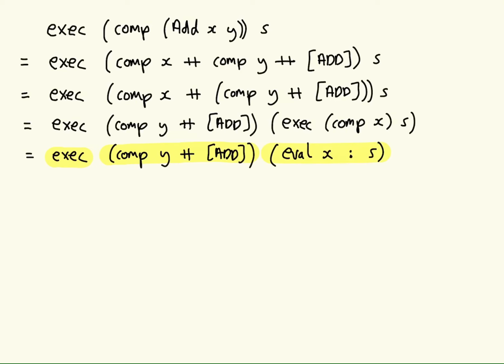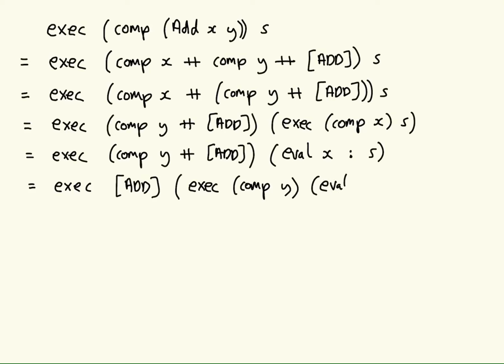So we apply our distributivity property once again, and this tells us that this is the same as executing the second piece of code, which is just the add operation, sitting on a little list on its own, and then what we're going to do is execute the first piece of code, which is comp y, in the context of the given stack, which is eval of x colon s.